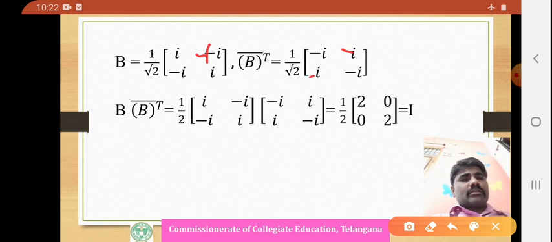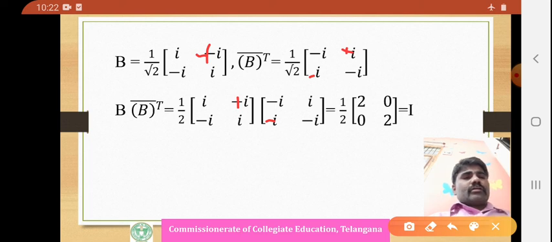Here it is minus, here it is plus itself only, because we are taking the transpose. Now this is -1, this is +1, this is -1. Now multiply.